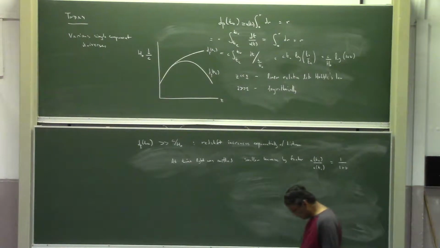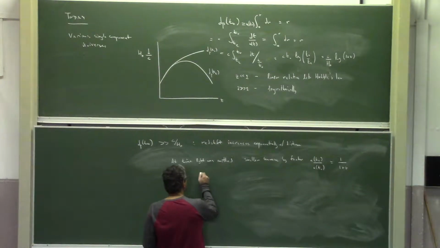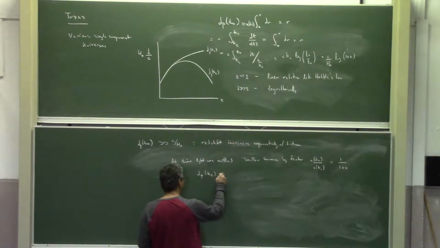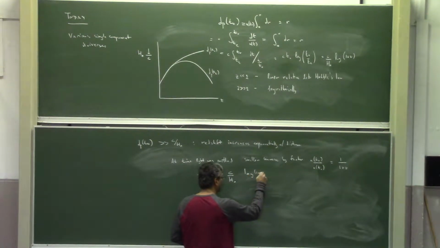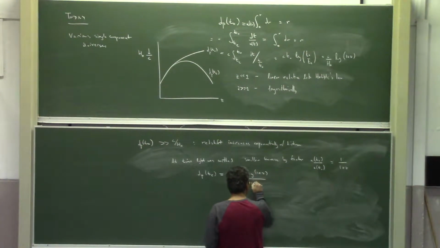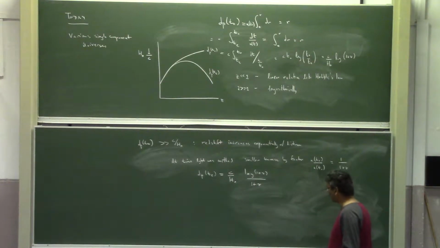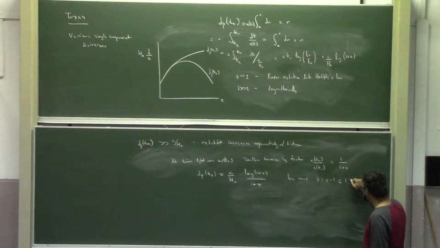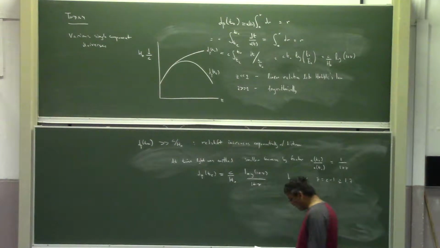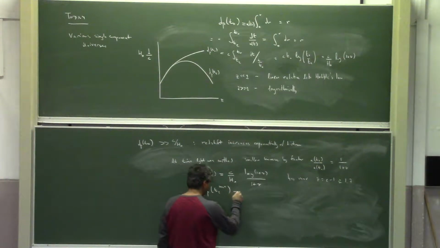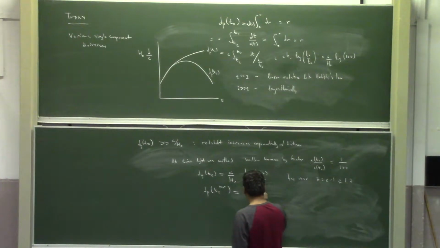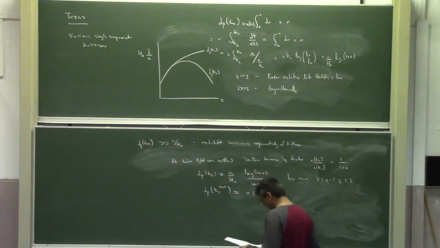So the proper distance at the time of emission is c over H0 log of 1 plus z over 1 plus z. And this has a maximum for z equals e minus 1, which is 1.72. So at the maximum, dp of te maximum, this is 0.37 c over H0.